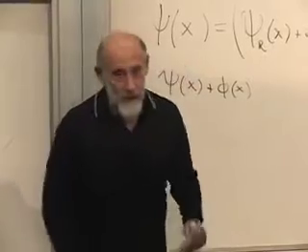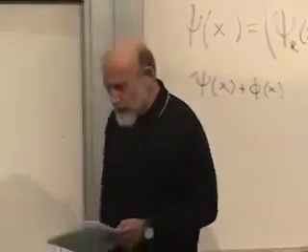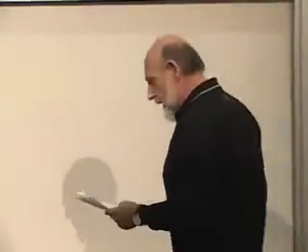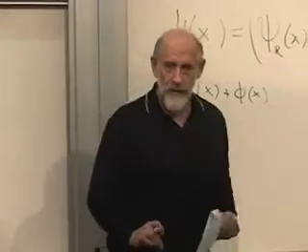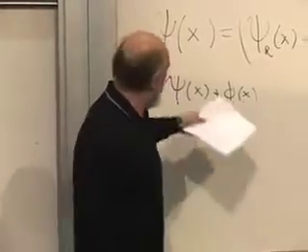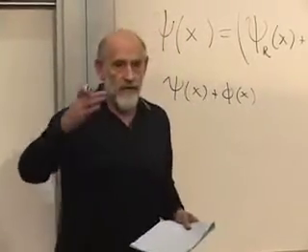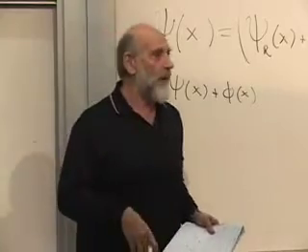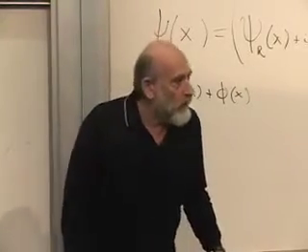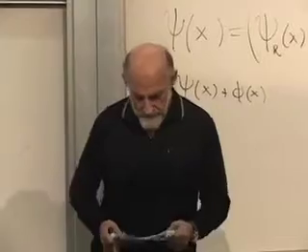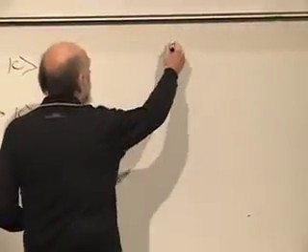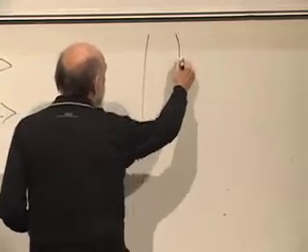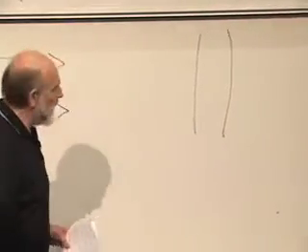Okay. Another example that we'll use over and over are column vectors. Column vectors are really functions also. They're functions of a discrete index, instead of a continuous x, perhaps an integer, but maybe an integer that only goes from 1 to 4, or 1 to 3, or 1 to 7. And we can represent them by a column.